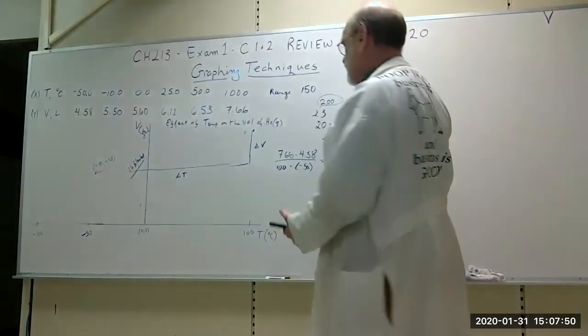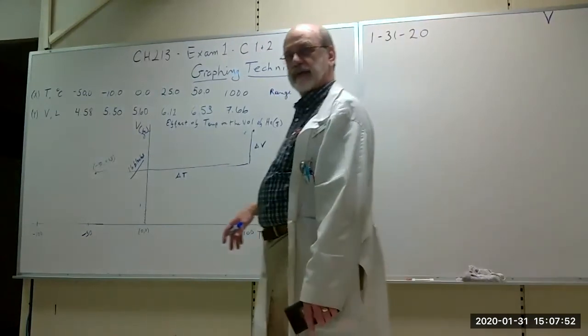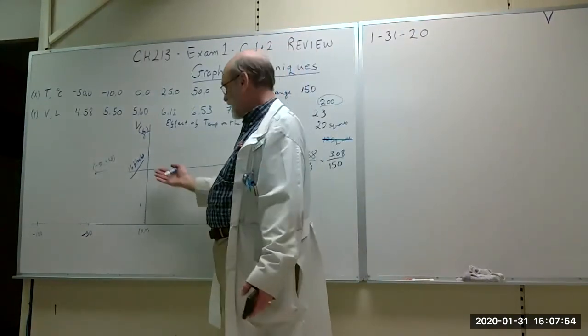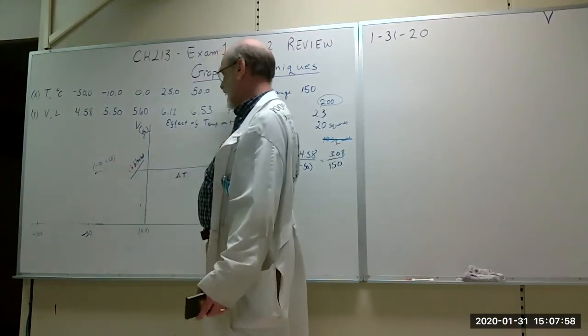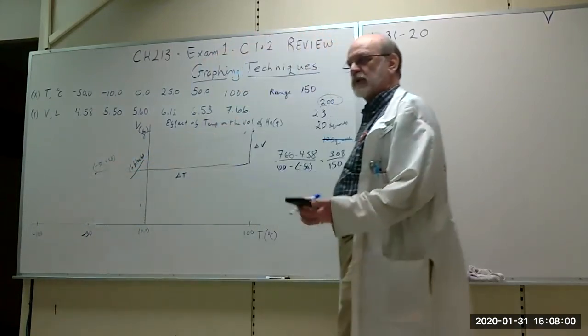That would be the slope of the line. And it's a positive number, right? And that fits with the data because this slopes from left low to right high. So it's a positive slope.